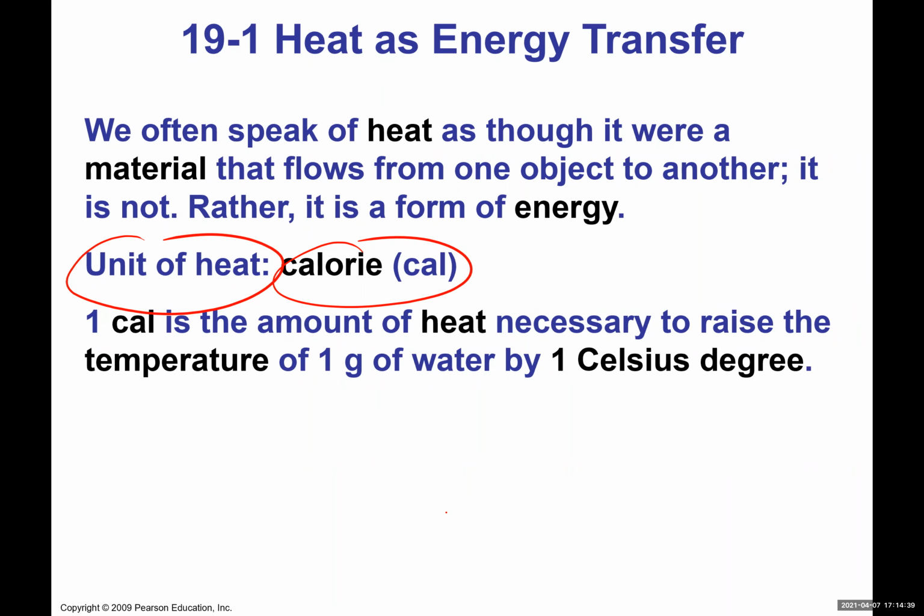The original unit for heat was the calorie, and 1 calorie is the amount of heat necessary to raise the temperature of 1 gram of water by 1 degree Celsius. That means if you have 1 gram of water at, for example, 2 degrees Celsius, and you want to increase its temperature by 1 degree Celsius, then you have to transfer 1 calorie of heat.